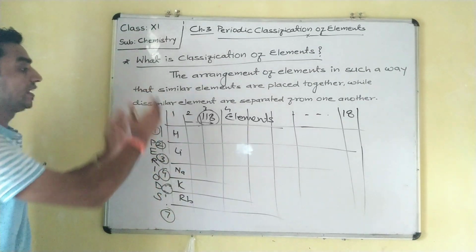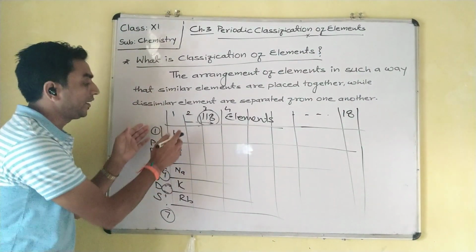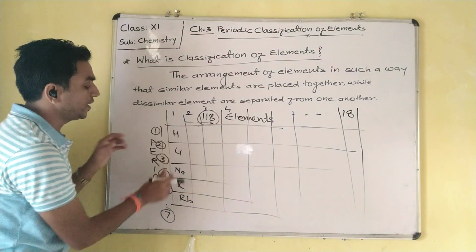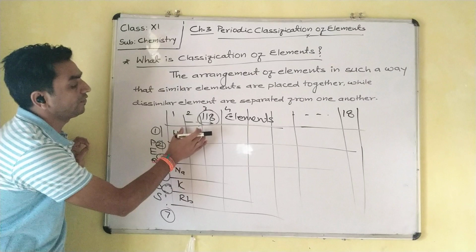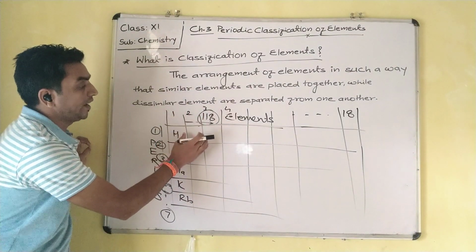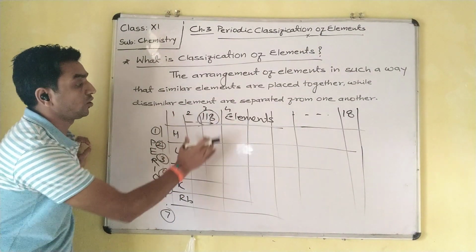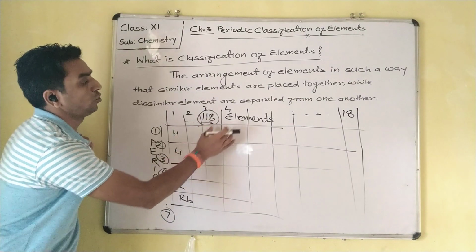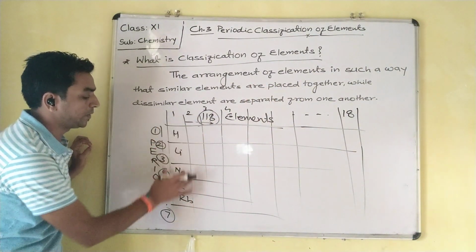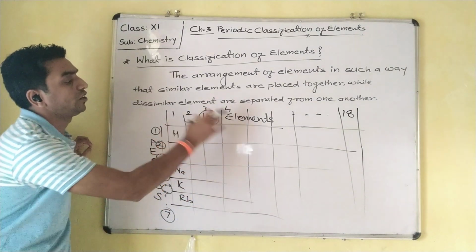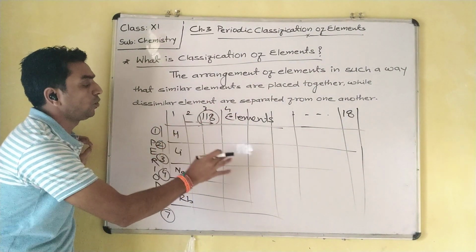And the properties of the elements in group 1 are different from the elements placed in another group, suppose second group, third group, fourth group, fifth group, and so on.